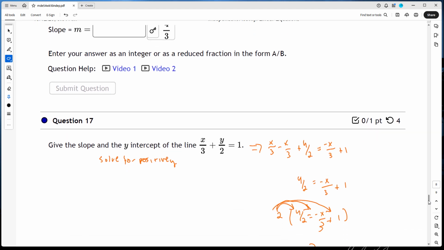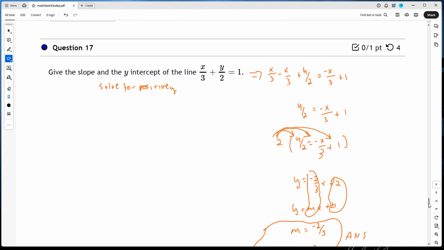Okay. Number 17. Give the slope of the line here. So solve it for y, a positive y. So I have x plus x over 3, so I subtract x over 3 there, and on the other side here. Okay. And then at least with this equation here, y divided by 2. So I multiply both sides by 2.